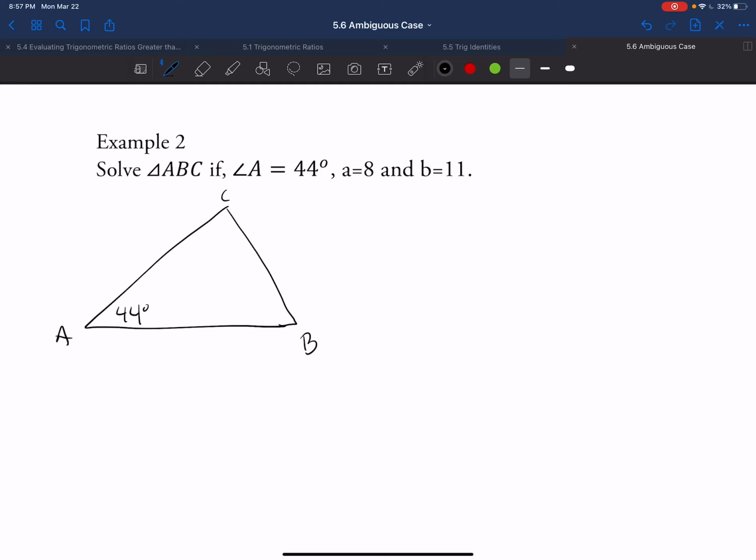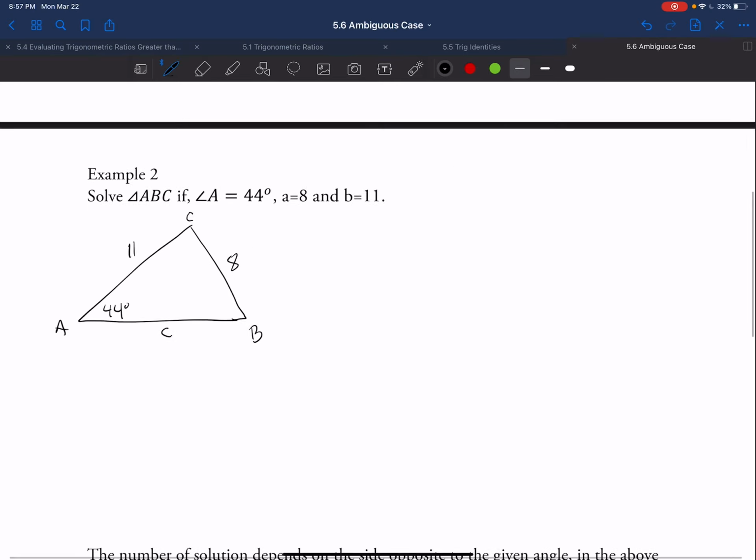So if this is angle A, directly across from it would be side A, side B. So again, I don't know anything about angle C or side C, so I'm going to use the sine law to figure out angle B because that's the only thing I can figure out.